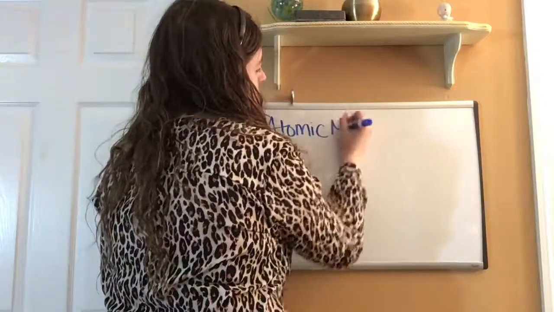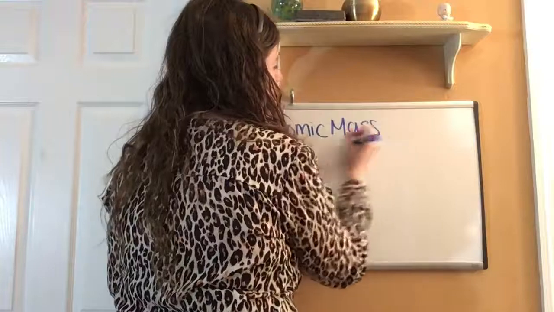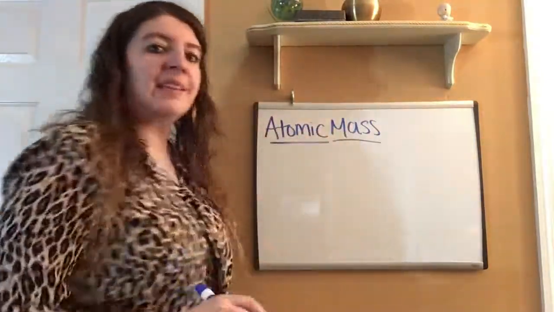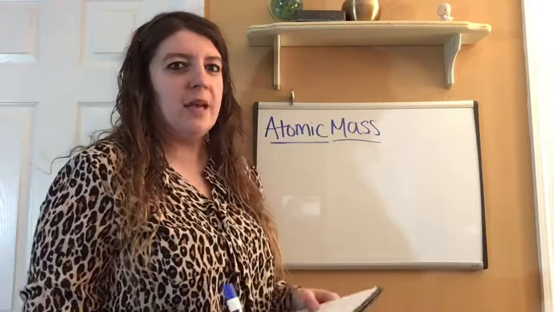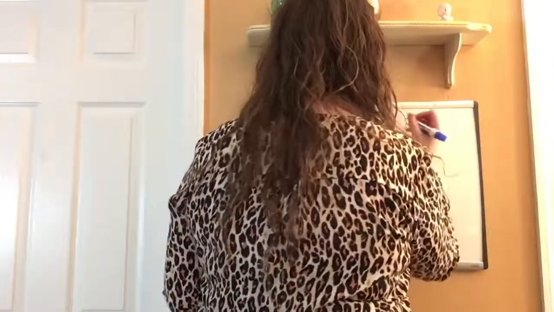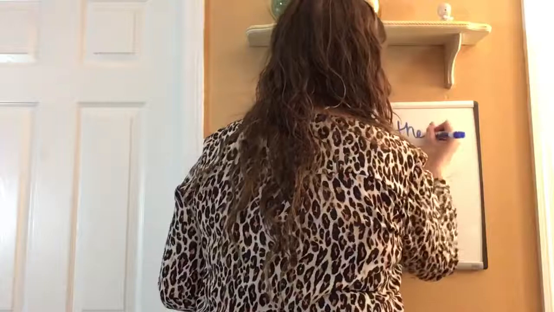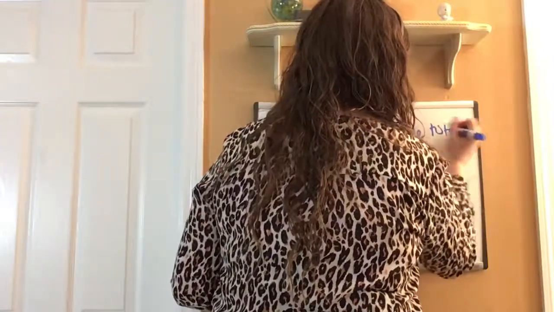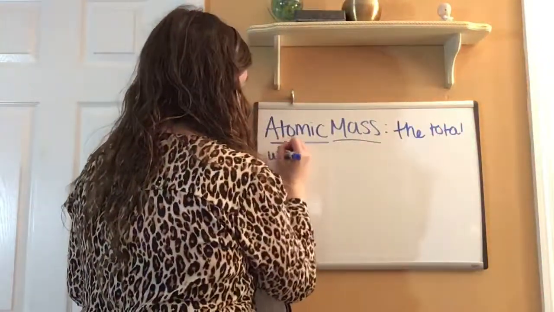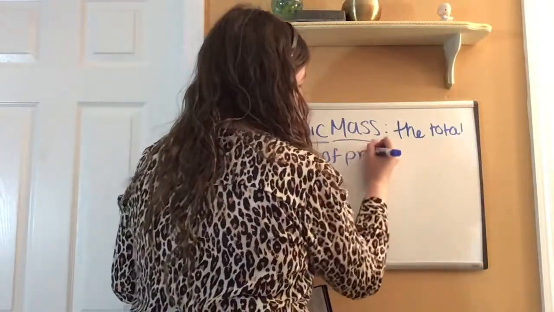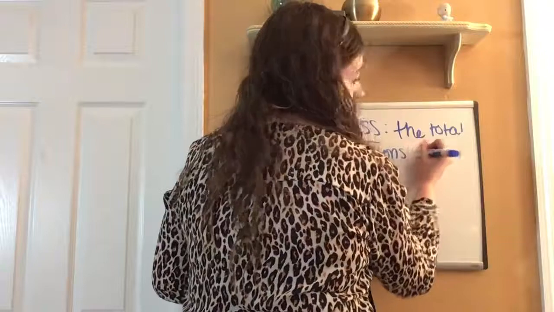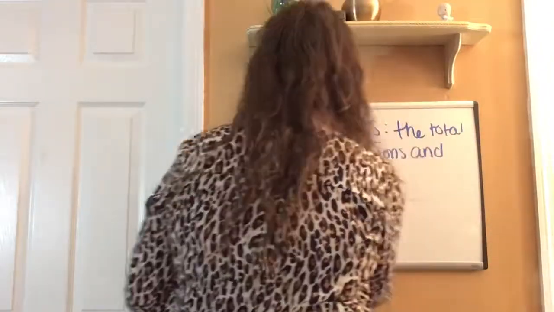This is going to sound a lot familiar to you. It might be a little bit confusing because it has pretty much the same definition as mass number. So this is the total weight of protons and neutrons.